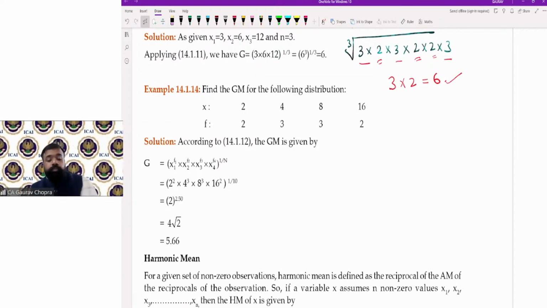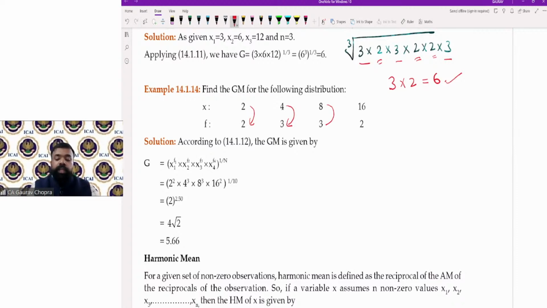Now, example number 14. Find out the geometric mean of the following distribution. So a series is given and you have to find out the geometric mean. So x, that is number 2, has the frequency 2. So number 2 is repeated 2 times. Number 4 is repeated 3 times.